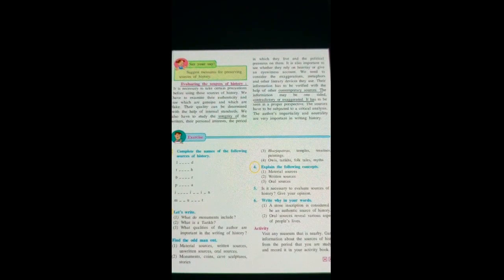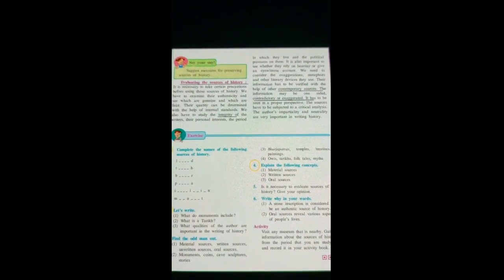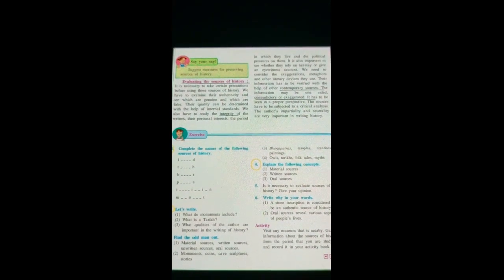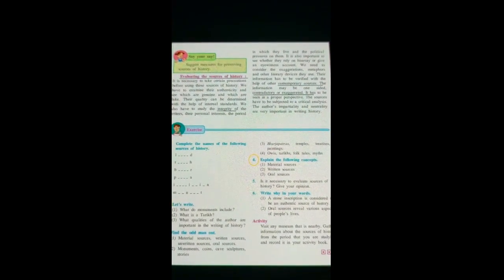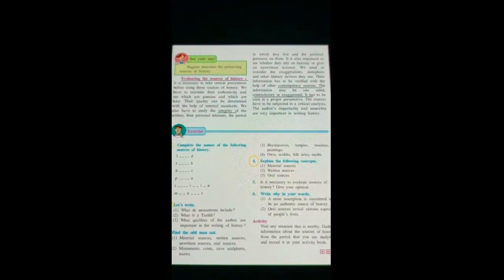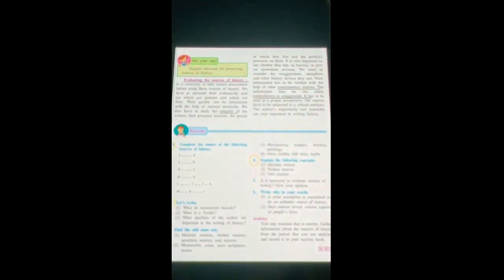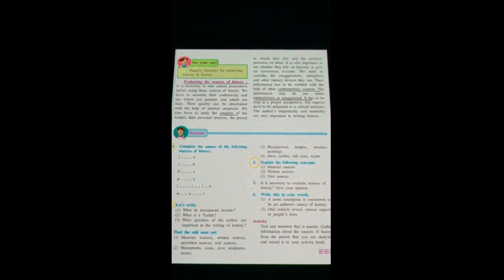We also have to study the integrity of the writers, whether the writer is honest in their description, their personal interest, the period in which they lived, or maybe there was any political pressure on them and they believe only on hearsay, or they give us an eyewitness account.